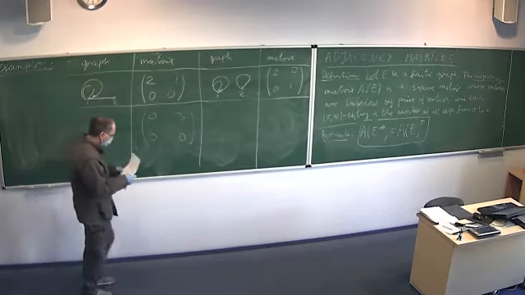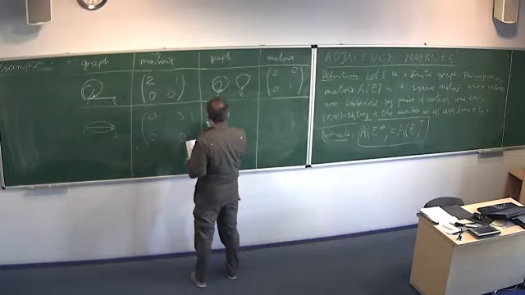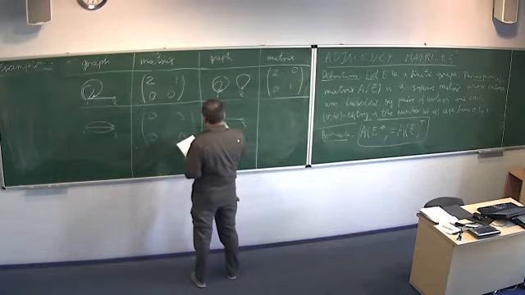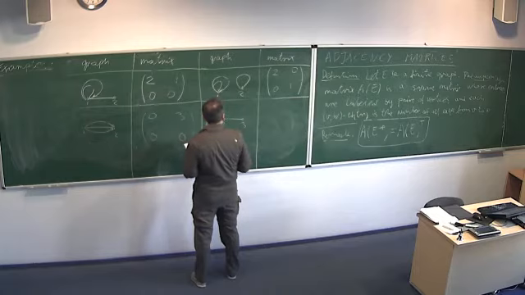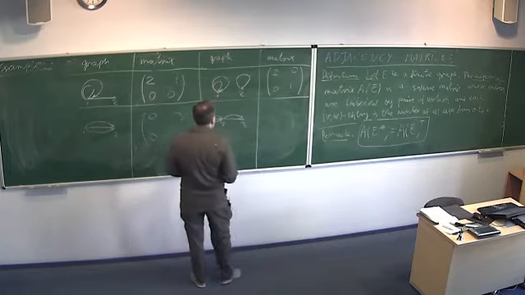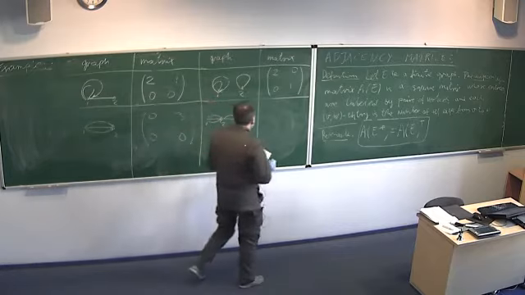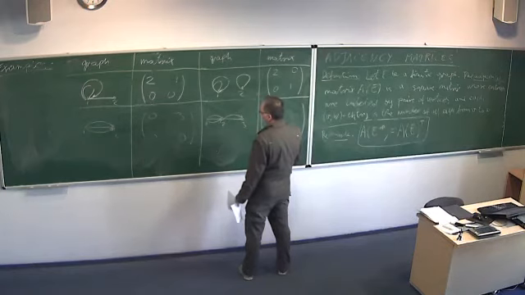One more example. Now let me take 3 vertices. And this is like a graph optimizing the number of paths of length 2 when you have 5 edges. Okay. So I have 0 edges from 1 to 1.